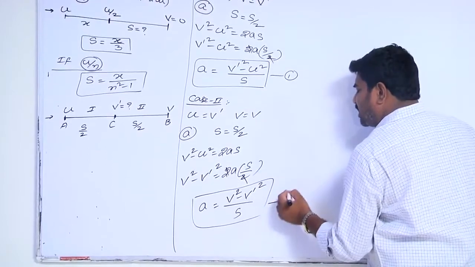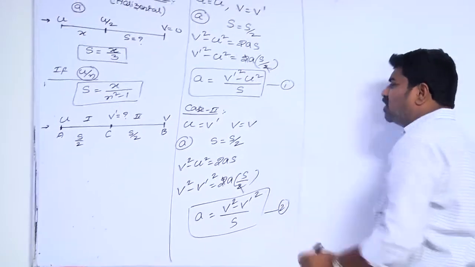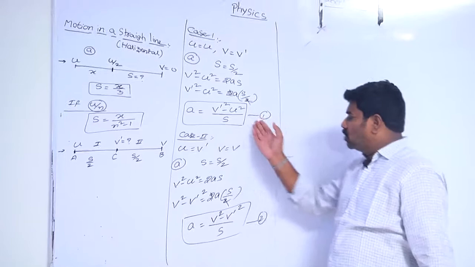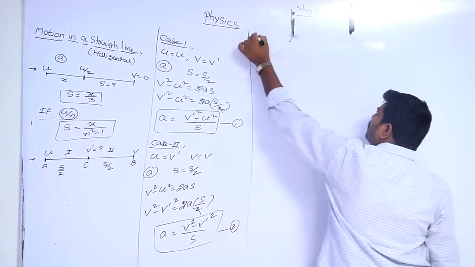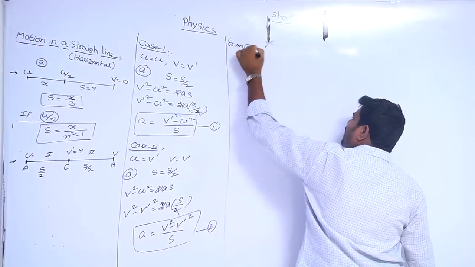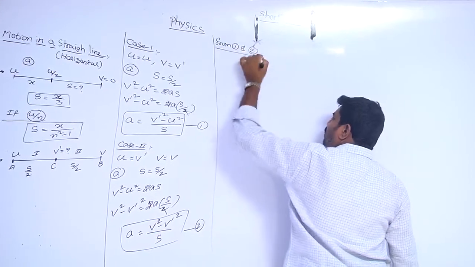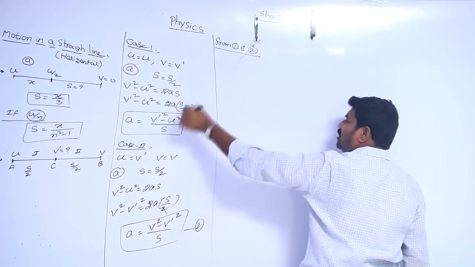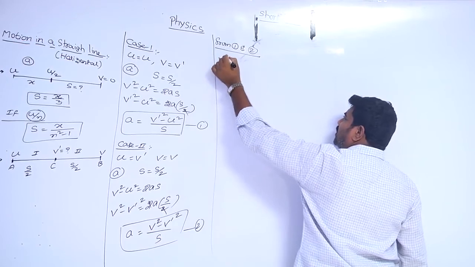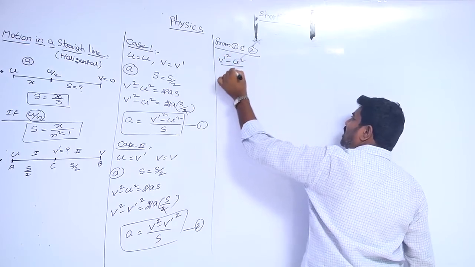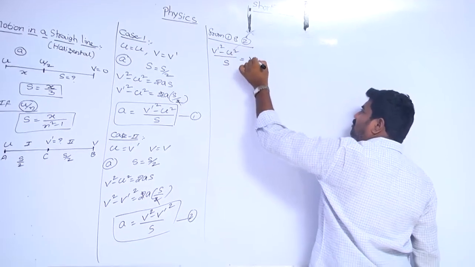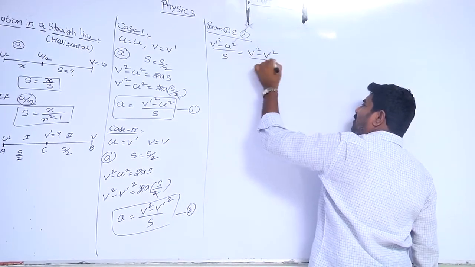In case 1 and case 2, the acceleration is uniform, so the accelerations are equal. From 1 and 2, v dash square minus u square by s is equal to v square minus v dash square by s.